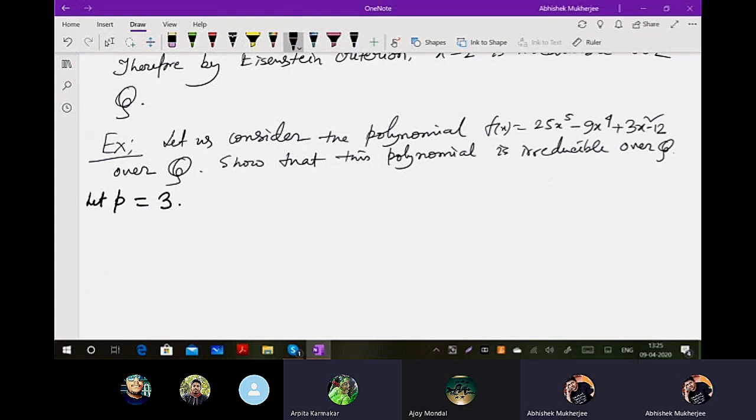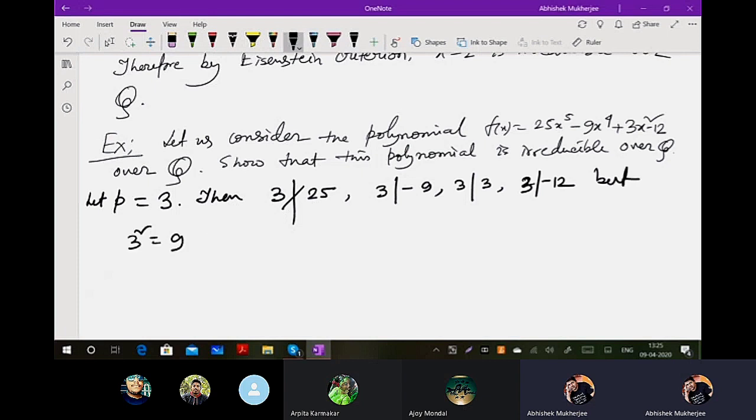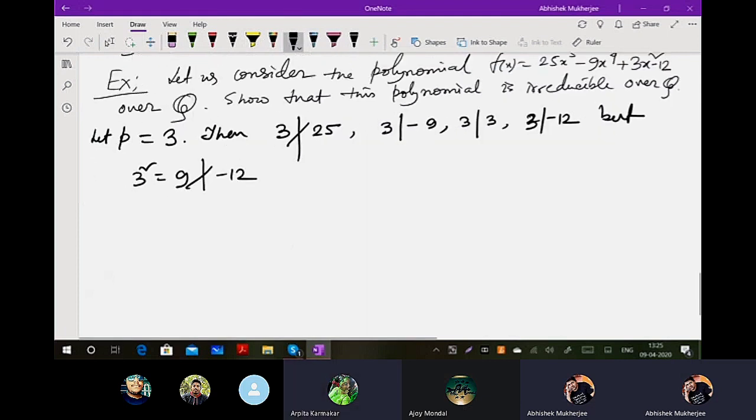So let p equal 3. Then 3 will not divide 25, but 3 will divide minus 9, 3 will divide 3, 3 will divide minus 12, but again 3 square is 9, which doesn't divide minus 12.